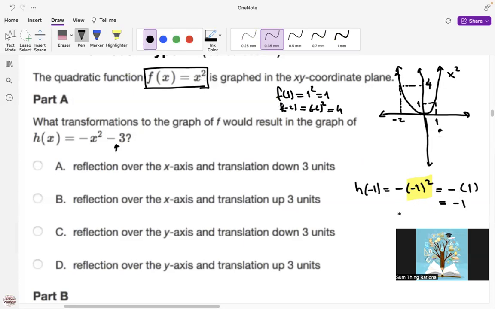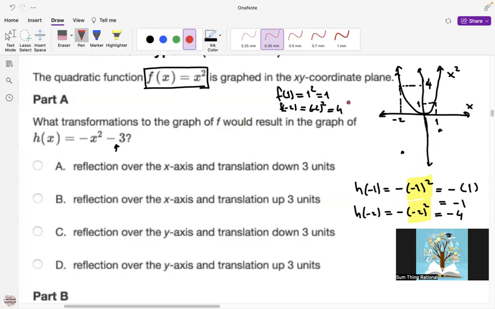Okay? When you put, for example, negative 2, h of negative 2 is equal to negative 2 whole squared. Negative 2 whole squared we need to calculate first. Negative 2 times negative 2 is positive 4, but this negative in front of it, we will consider then. It means that whatever output values we have, their values are reflected across the x-axis.